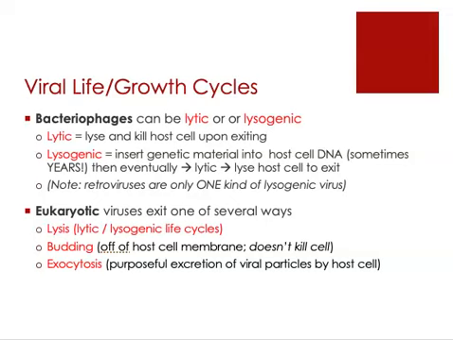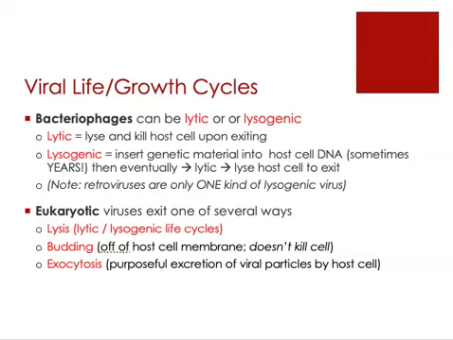A lysogenic viral cycle is different. That's the term we use when we're thinking about a virus that can insert its genetic material into the host's DNA, sometimes for long, long periods of time.